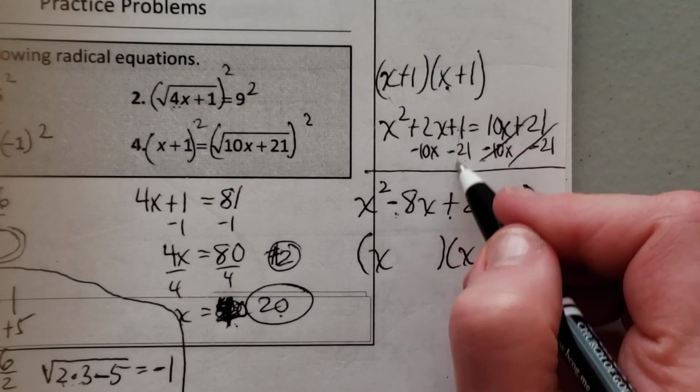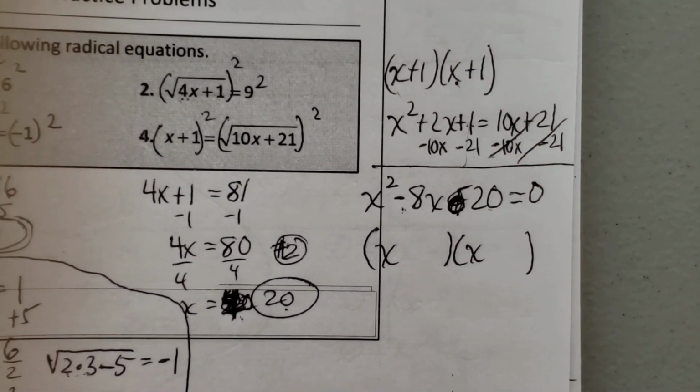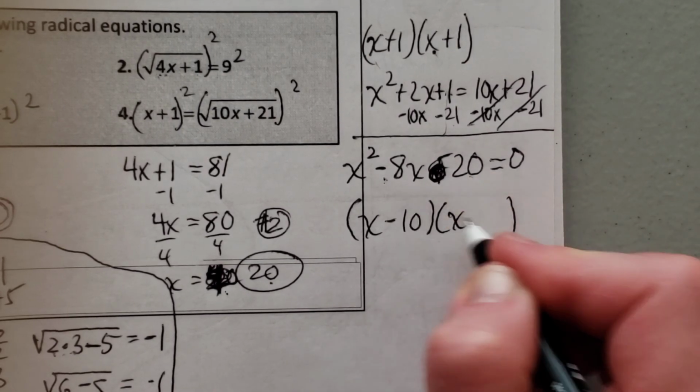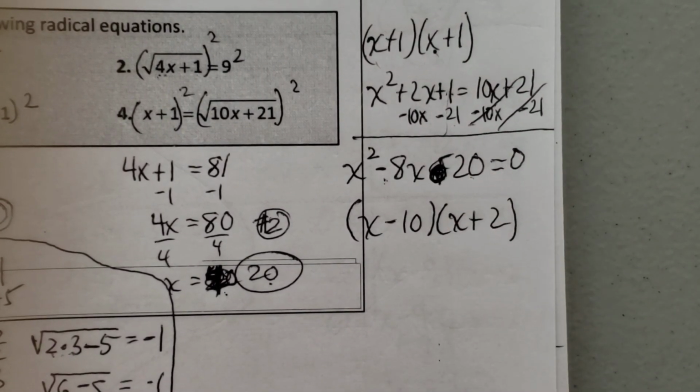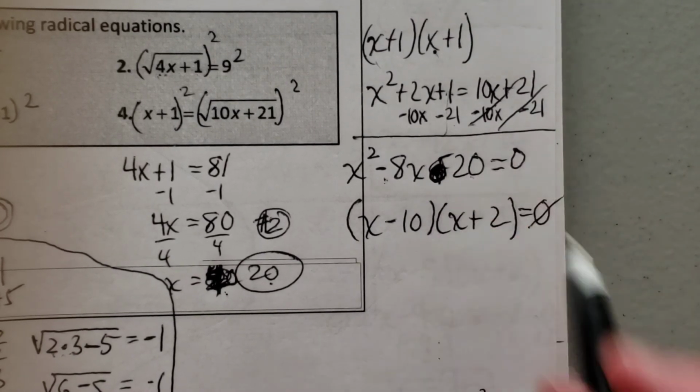Oh, it's negative 20, you guys. Oh my goodness. I hope no one's watching this. Anyway, this is negative 20. So it's going to be negative 10 and positive 2. My bad. I brought down my wrong sign.